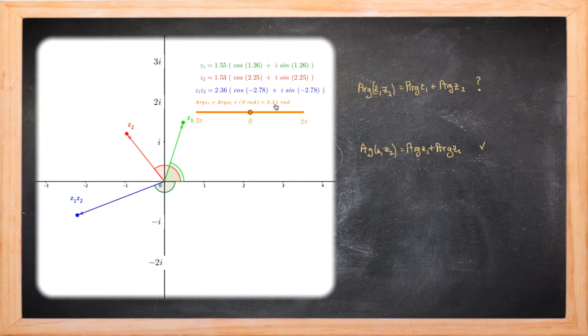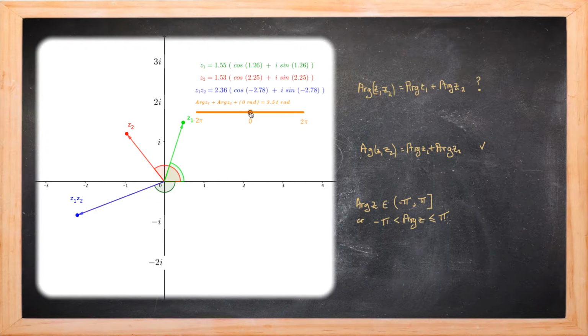That's gone greater than pi. Remember, the principal value range goes from negative pi up to pi. Don't include negative pi, but do include pi. So this sum has gone greater than pi, and therefore, to get it back down, we would have to subtract.